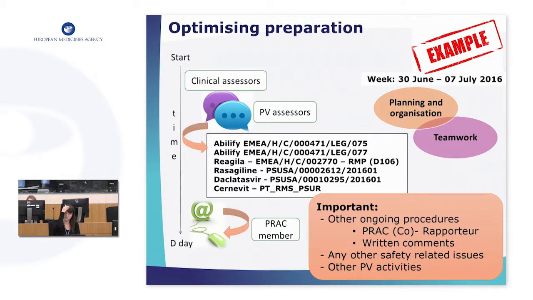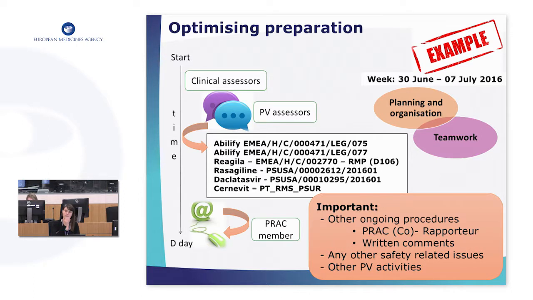So when we talk about planning and organization, we need to be aware of how many procedures and which procedures we have at each time. I'll show you this example. It happened this summer, in the last week of June and beginning of July. We had to have 6 assessment reports ready to circulate during that week.